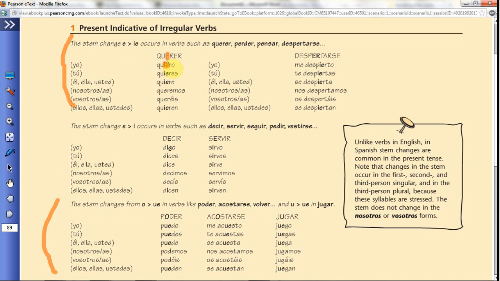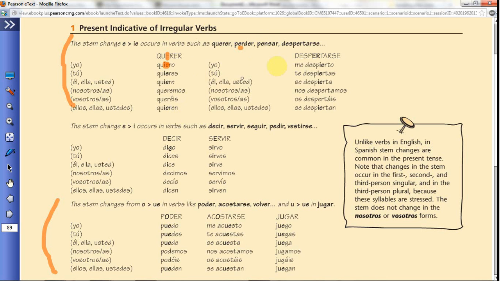And again, that won't happen for nosotros, vosotros. Quiero, quieres, quiere, quieren are irregular. Queremos, queréis are not. Okay? So perder, it's going to happen to this I. Pierdo. Pierdes, pierde. Pensar, yo pienso, tú piensas.